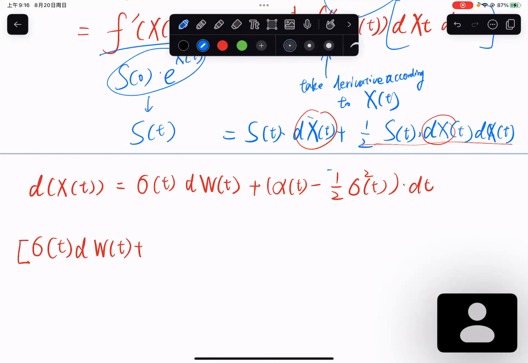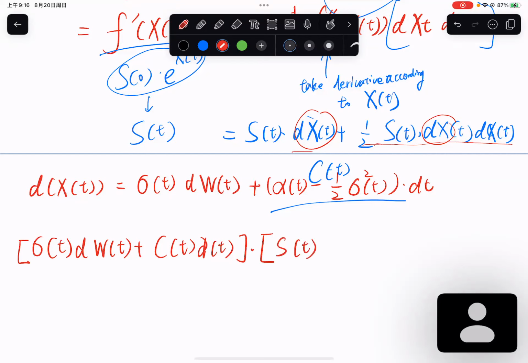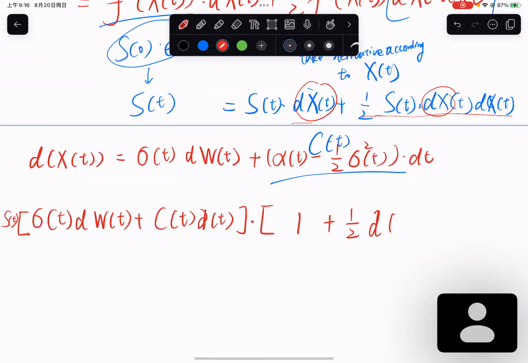So let's denote it with some c_t for convenience, and this is going to be c_t dt. When we take this one out, with another bracket within it, it is going to be S_t plus 1 over 2. We can also take one S_t out, so this is going to be 1 and we have an S_t in front of it, 1 plus 1 over 2 dX_t.